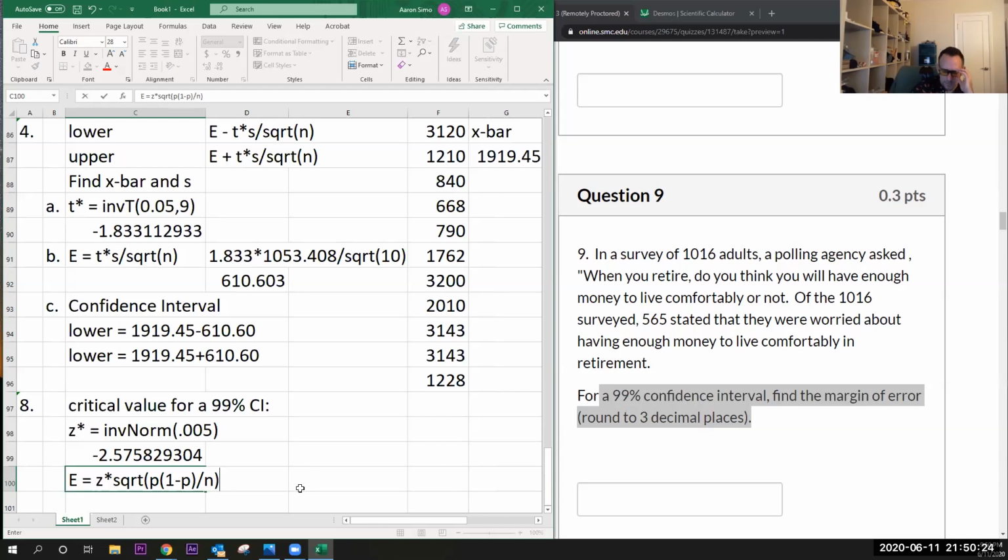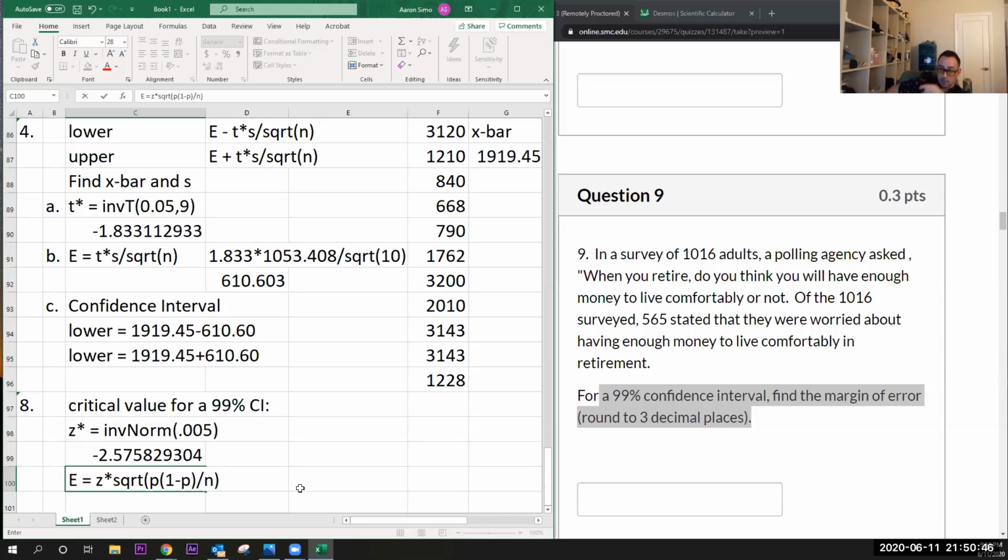It's a confidence interval, so it's got to be P hat. That P right there is supposed to be P hat, because we're in the confidence interval chapter. So we don't know P, because we're trying to estimate P. So all we have is P hat.